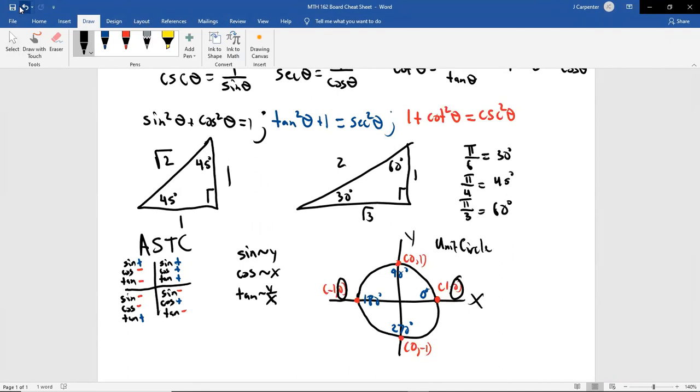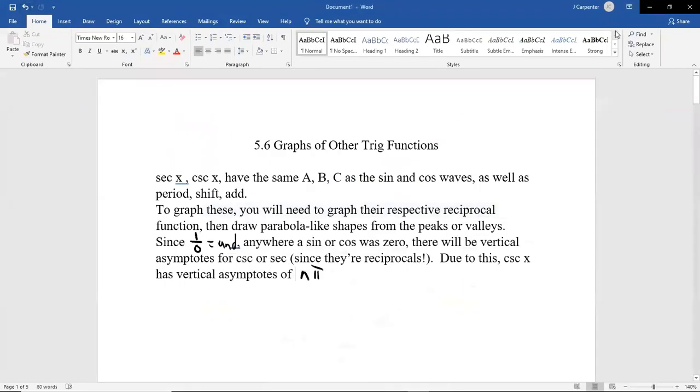So it happens at 0, then at pi, 2 pi, 3 pi, 4 pi, 5 pi, 6 pi, 7 pi, 8 pi. Every multiple of pi. It works if you go backwards as well. At 0, then at negative pi, negative 2 pi, negative 3 pi, negative 4 pi, negative 5 pi. Those y coordinates are always 0. So it means sine is 0, which means the reciprocal function cosecant is undefined. So that explains all of that stuff.